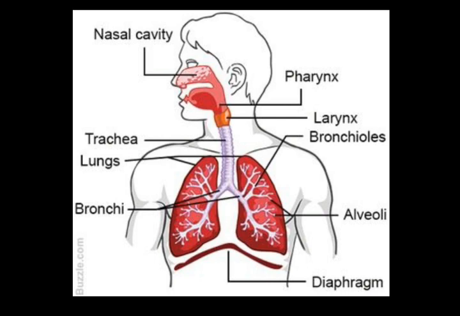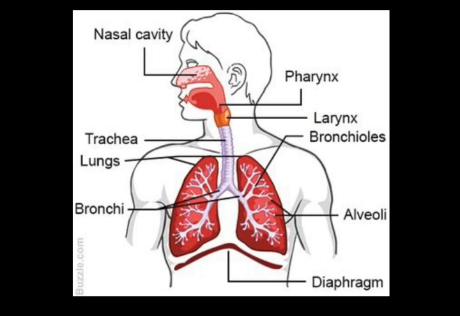When we are swallowing, food may go into the trachea as well, and it may block the passage of air. So when we swallow food, this cartilaginous flap, the epiglottis, folds itself over the trachea so that food does not go into the trachea.